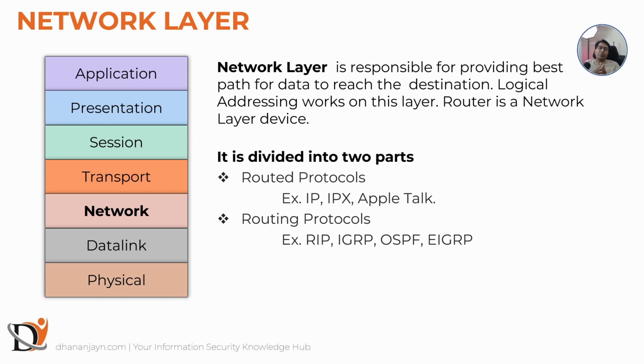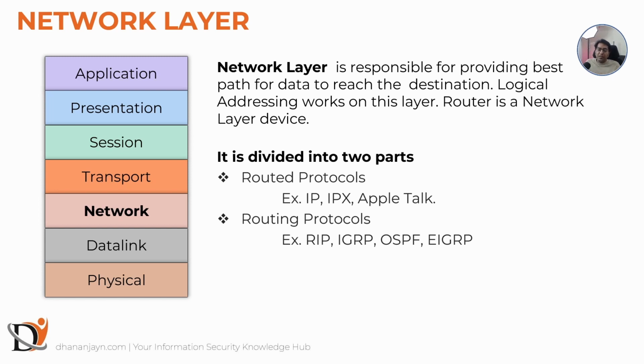So some of these protocols are distance vector protocols and some are link state protocols. So when we talk about routing protocols, these are the two categories within the routing protocols. So RIP is a distance vector protocol, whereas OSPF is a link state protocol.